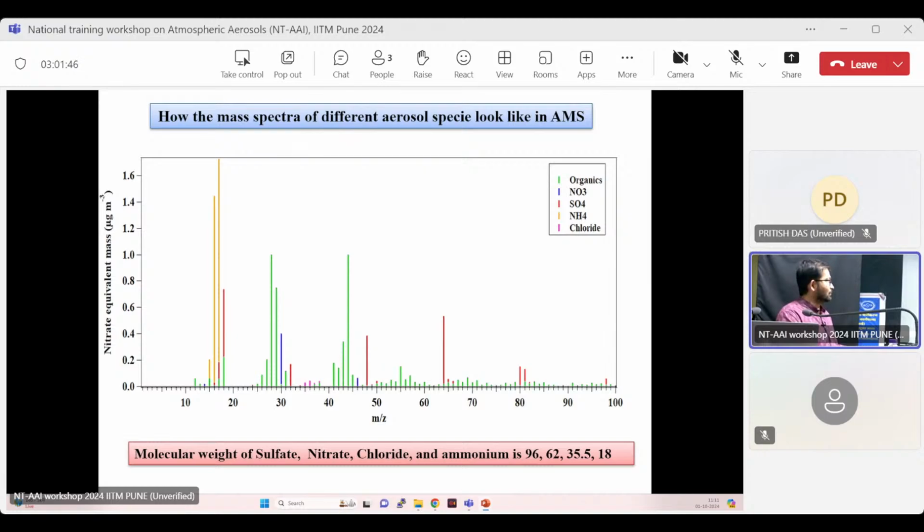That's why whenever you read more about these aerosols, people will tell you organics are more complex compared to inorganics, because for inorganics there are defined peaks you can easily interpret, but for organics it's spread widely, and you cannot infer anything from this unless you have prerequisite information.